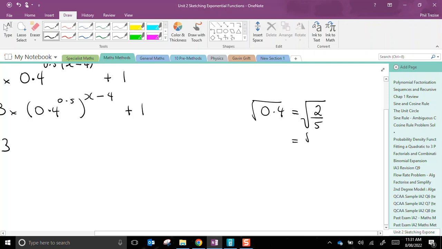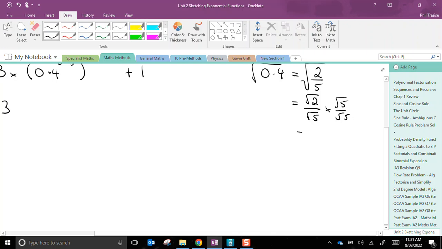Okay, let's write this as root 2 over root 5. Let's rationalise the denominator. I think I'm making this a lot harder than anything I would expect of you. This is a pretty nasty question. So that is root 10 over 5.